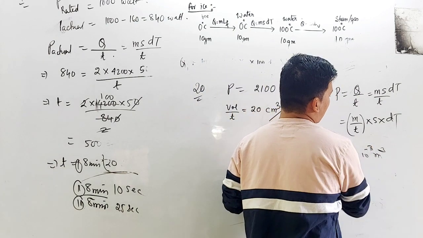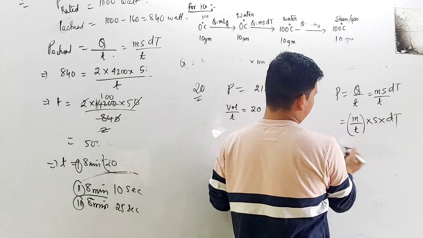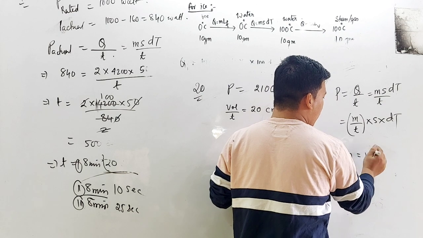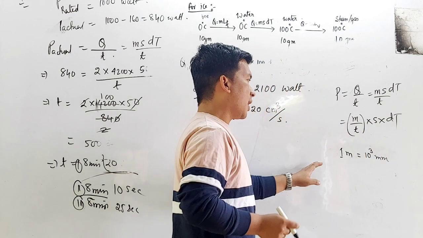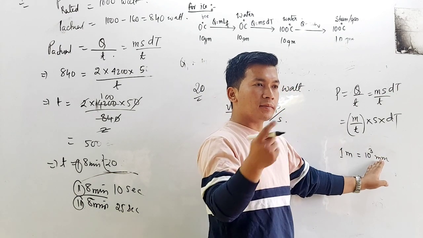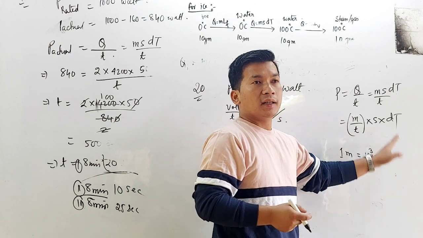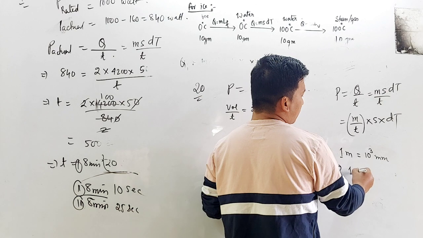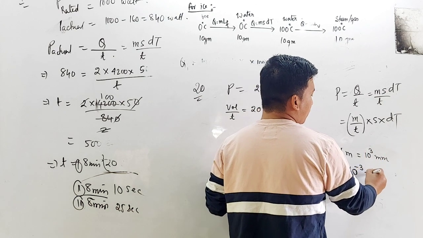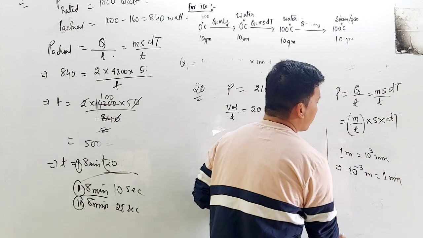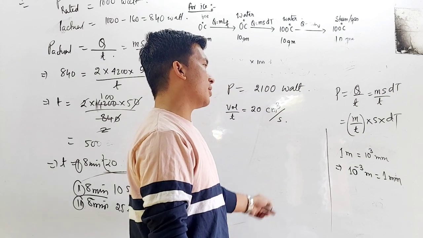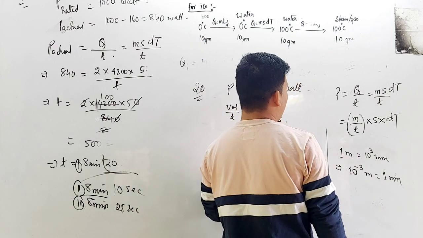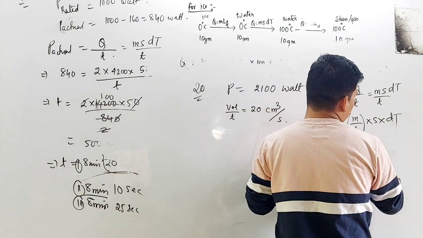Conversion: 1 meter is equal to 100 centimeter, 1 centimeter will be equivalent to 10 mm, so 100 into 10 is 1000. 10 to power minus 3 meter is equal to 1 mm. 1 mm is equivalent to 10 to power minus 3. Very simple.